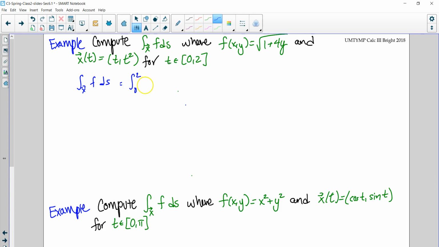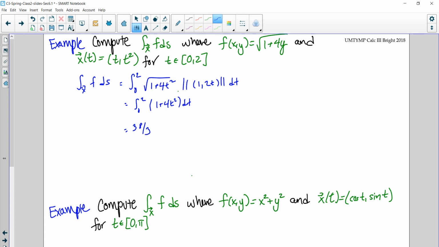So I end up with the square root of 1 plus 4t squared, and then I need to take the magnitude of the derivative of the path, so that would be of (1, 2t) dt. And if you do your math, I think the square roots end up canceling, so we end up with the integral from 0 to 2 of 1 plus 4t squared dt, and you can go ahead and do the math, and I got 38 over 3.